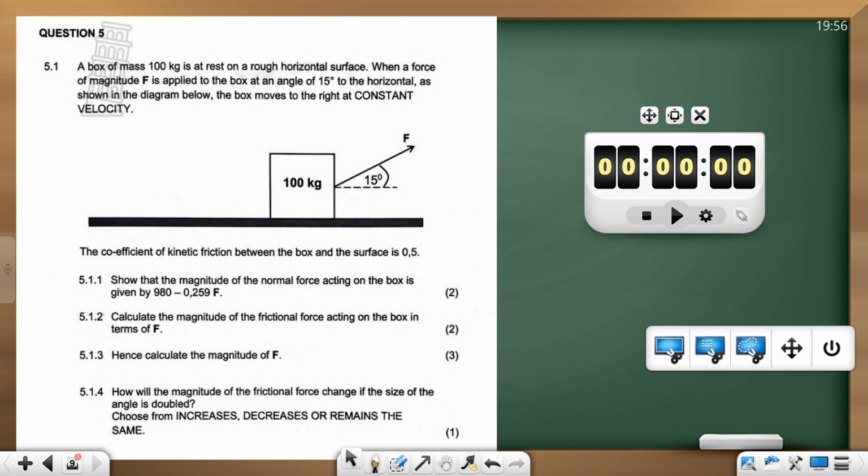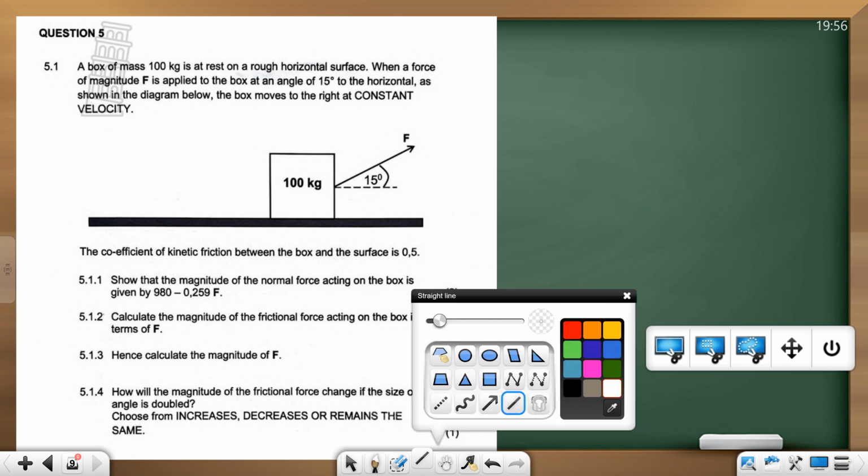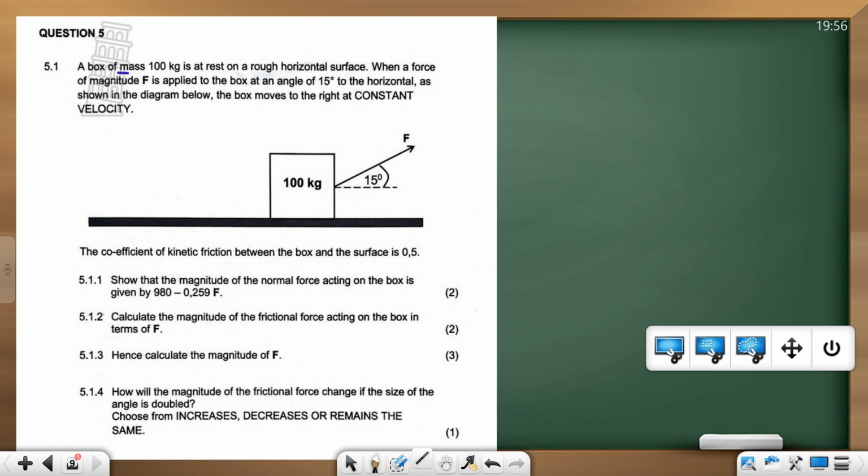Were we able to make sense of the question, people? A box of mass 100 kg is at rest, and I told you how to read this, right? The underlined mass talks about the weight, at rest on a rough horizontal surface, friction and normal there.